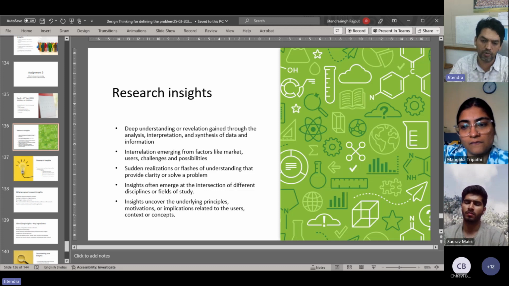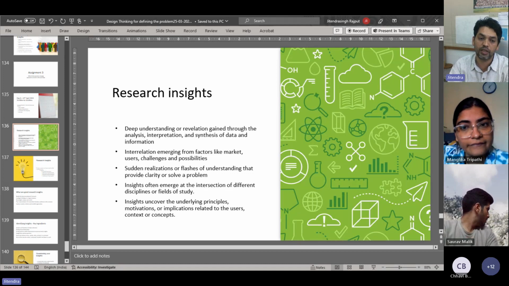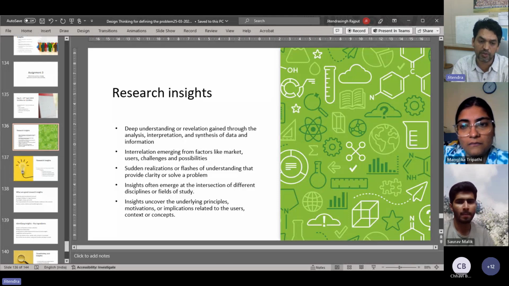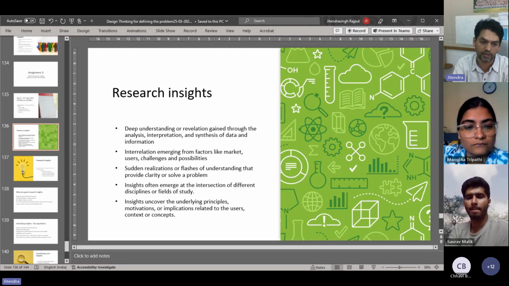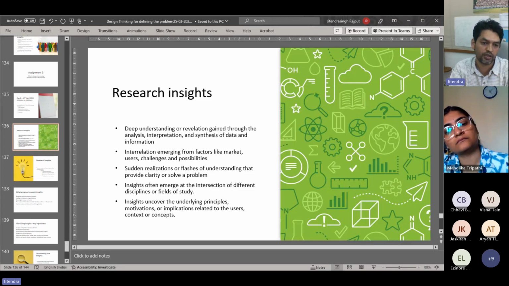And if entrepreneurs are multidisciplinary in terms of their expertise, then there are more chances that they will be able to come up with great insights. And that is where I think we invite people from diverse disciplines to come and discuss our problem statements or our research findings. Because it always happens that when multiple disciplines come together, they look at problems or solutions from different perspectives. And this is where new possibilities emerge.